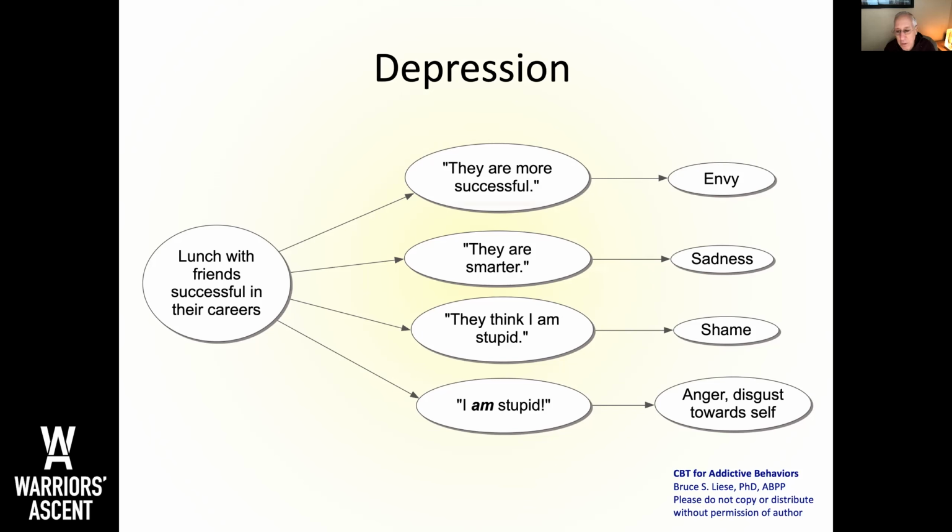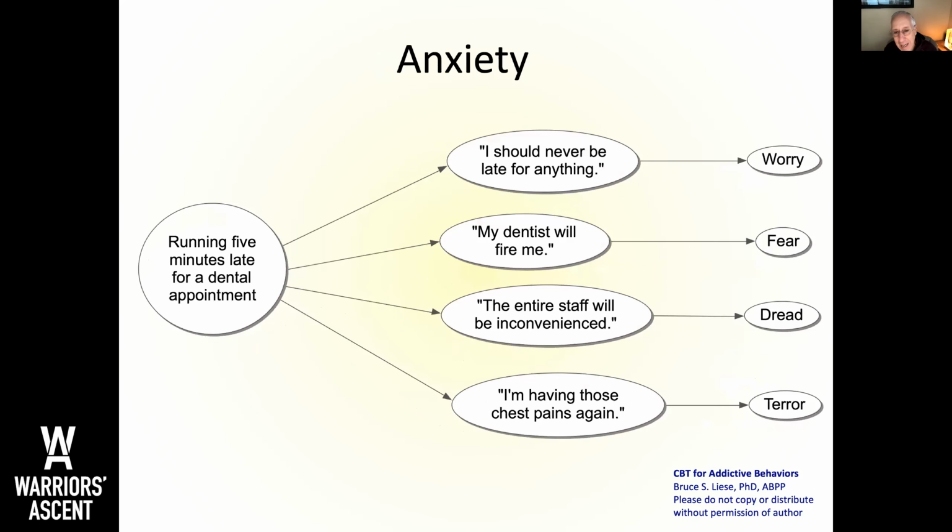Those will result in some pretty severe negative feelings, as you can see on the right-hand side. Envy, sadness, shame, anger, disgust. It's not the lunch itself that causes the problem. It's the thought, they're more successful, they're smarter, they think I'm stupid, and even I am stupid.